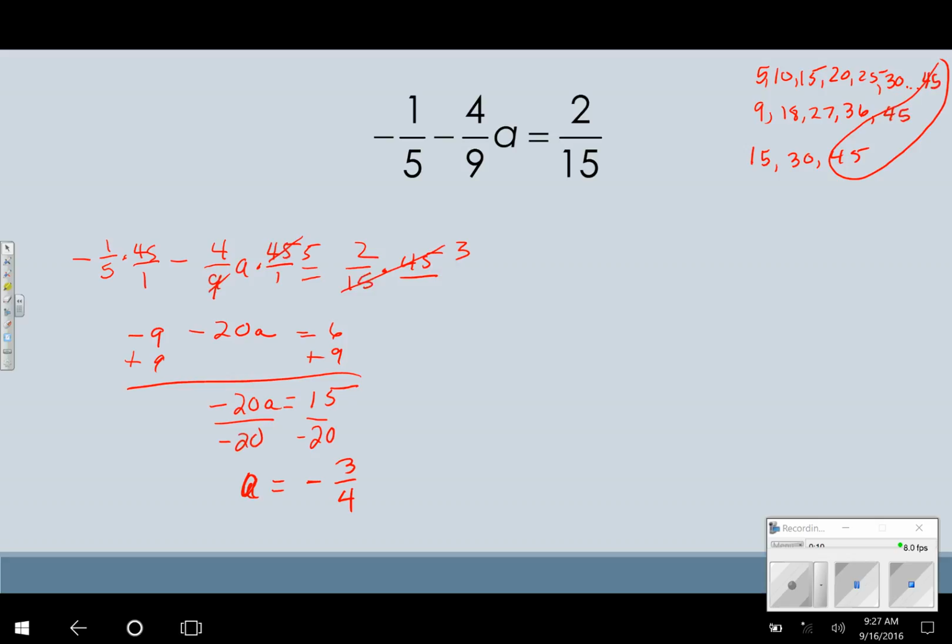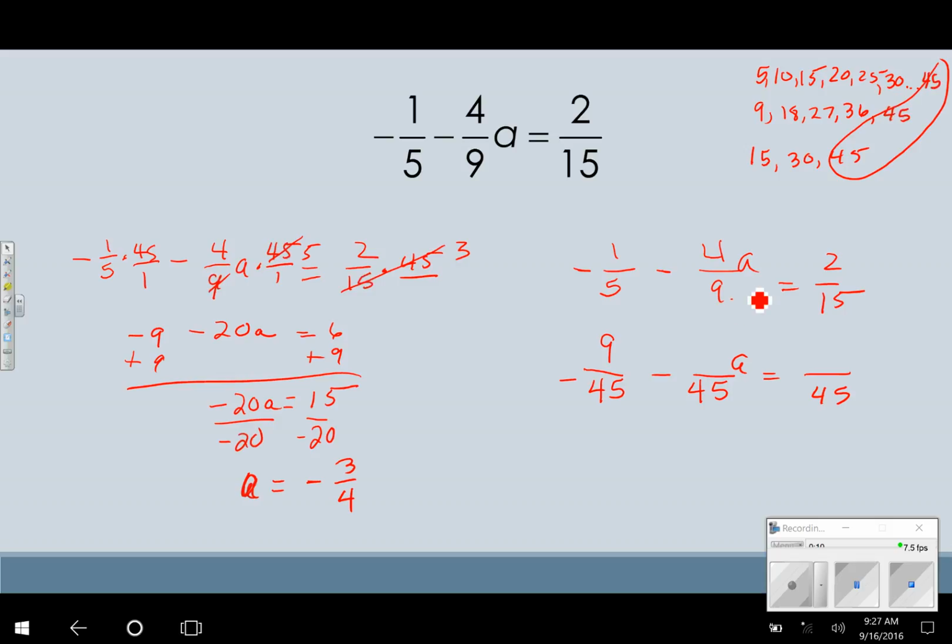Again, if I want, I can change everything to equivalent fractions. And that equivalent fraction is going to be 45ths. In the first fraction, I multiply 5 times 9 to get 45, so the top becomes -9.